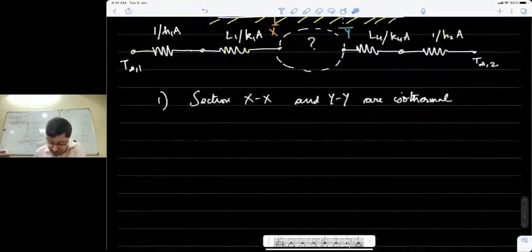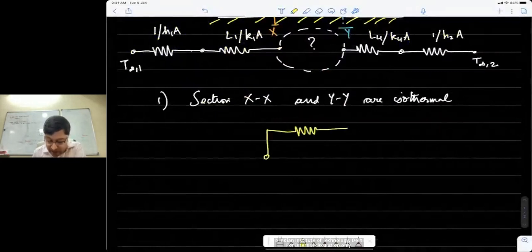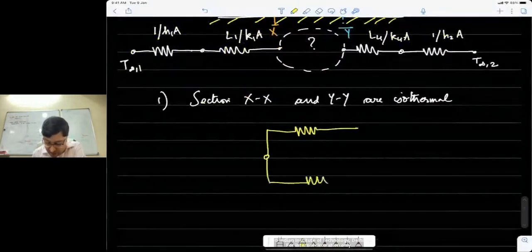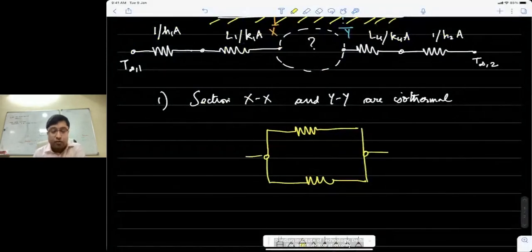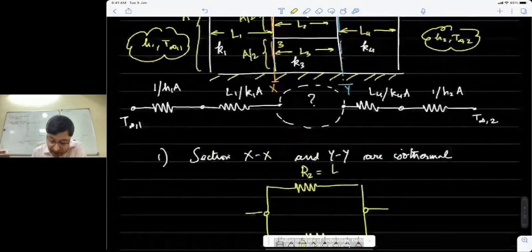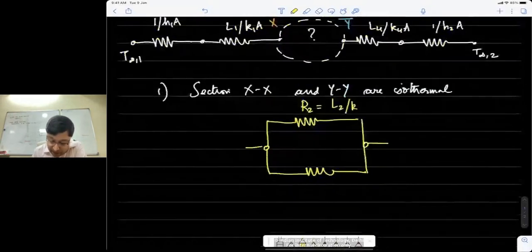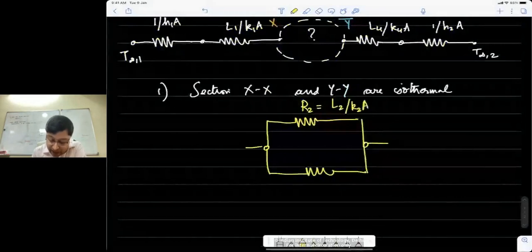So what we can do now is that instead of putting, in this unknown section, I would have one resistance here, one resistance here, and that's it. That would basically be connected to the two ends. So the resistance R2 would be L2 by K2, and its area is A by 2, so I'm going to have a 2 in the numerator.